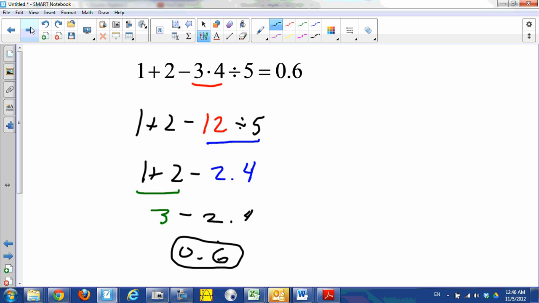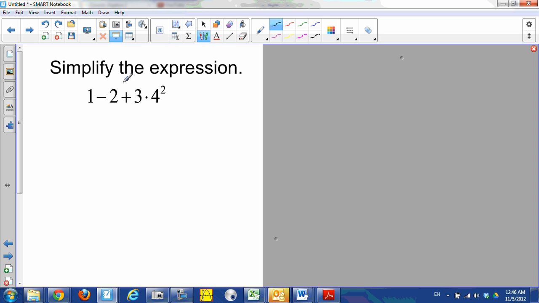Okay, a little more elaborate example here. This time, we've got an exponent in here. So, according to the order of operations, the first operation, and it technically is an operation. This exponent is an operation. It's a shorthand form of multiplication.